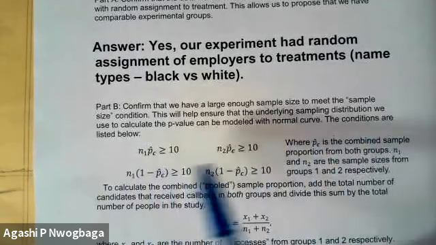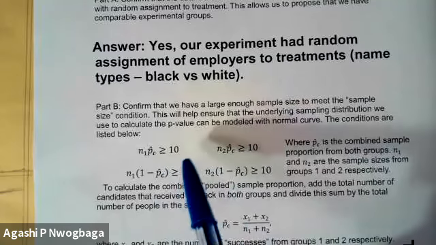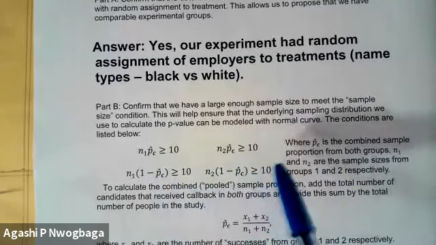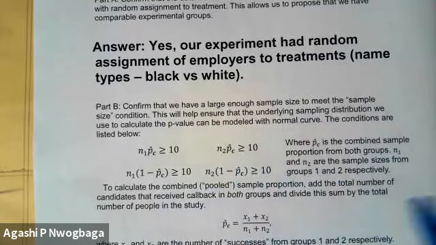N1 times PC is greater than or equal to 10. N2 times PC is greater than or equal to 10. Here, PC is the combined sample proportion from both groups. N1 and N2 are the sample sizes from group 1 and group 2, respectively, the white and the black groups.